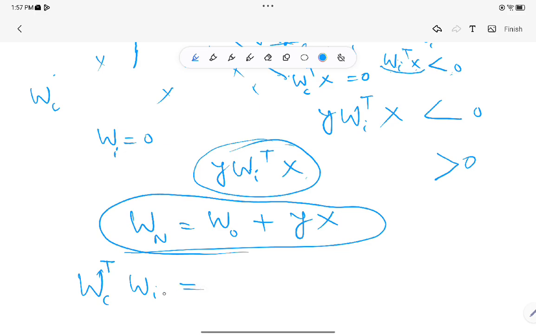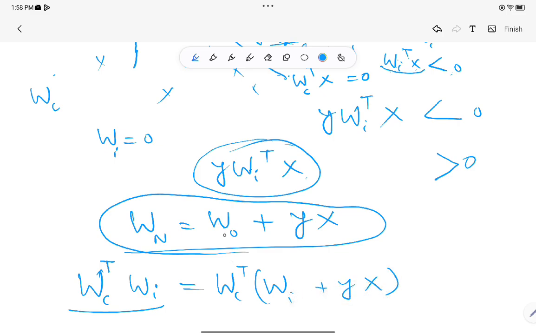Let us take the dot product of these two vectors after the incorrect vector has been updated. I will keep the correct vector as such, because the correct vector is constant. But the incorrect vector we have changed. How? We added y x to this incorrect vector.